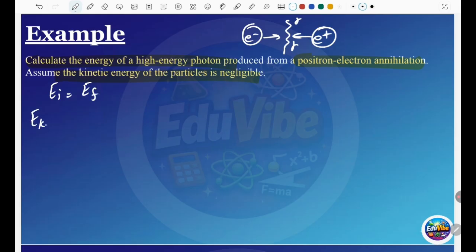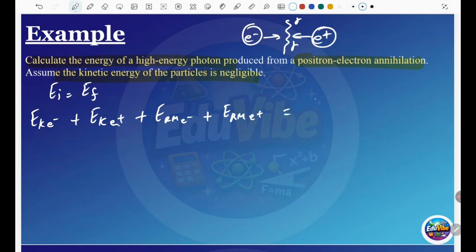Initially, we have the kinetic energy of the electron and the kinetic energy of the positron, because both are moving when they collide. We also have both of their rest masses involved, so the rest mass energy is the rest mass of the electron plus the rest mass of the positron.